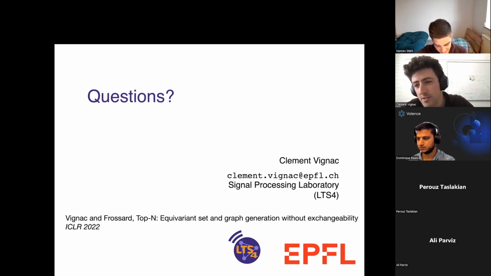It's not really surprising that it's hard to beat good methods for generating a set or a graph from a vector. For example, imagine the case where you want to generate molecules and you constrain the molecule on many different properties. Then it's not even clear that such a molecule exists. So it is a difficult problem for sure, and for now, we don't have a perfect way to do it.